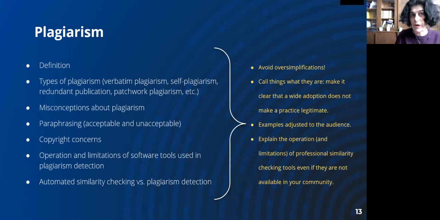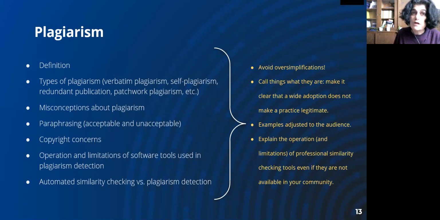I explain that they rely on a database containing some content. So Authenticate contains journal articles, while Ephorus, for example, contains students' papers. And the efficiency of these tools may be limited in non-English languages.